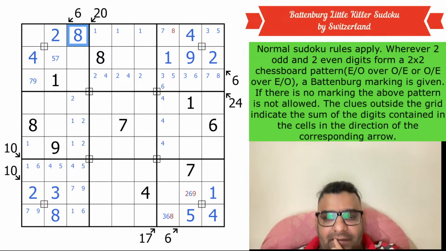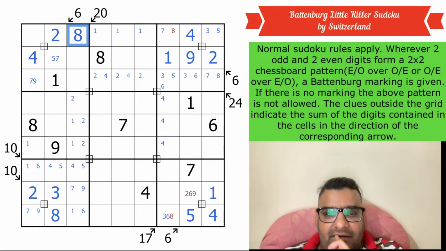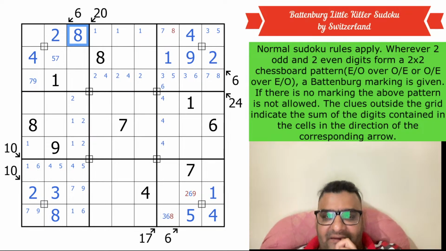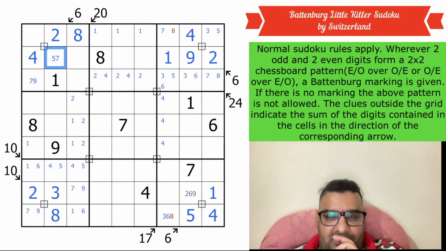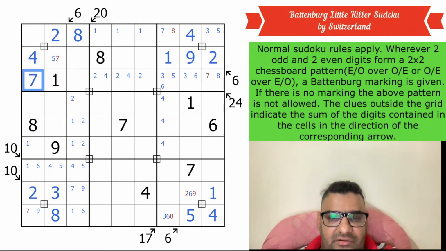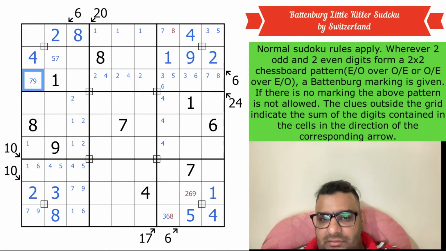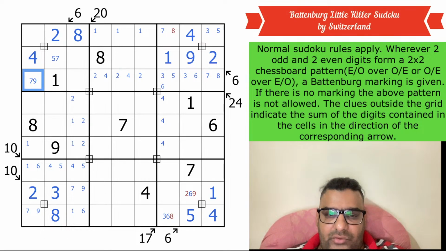We have 8 here. We check this is true. Then to complete this 20, the only two left are 5 and 7. 8 and 5 are 13 and 7 is equal to 20.